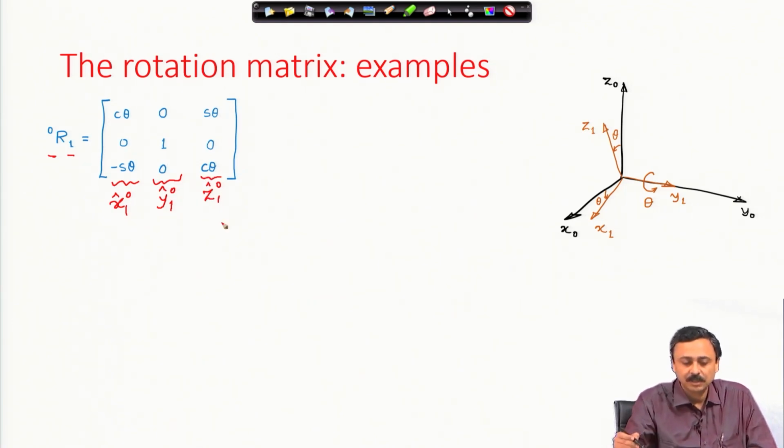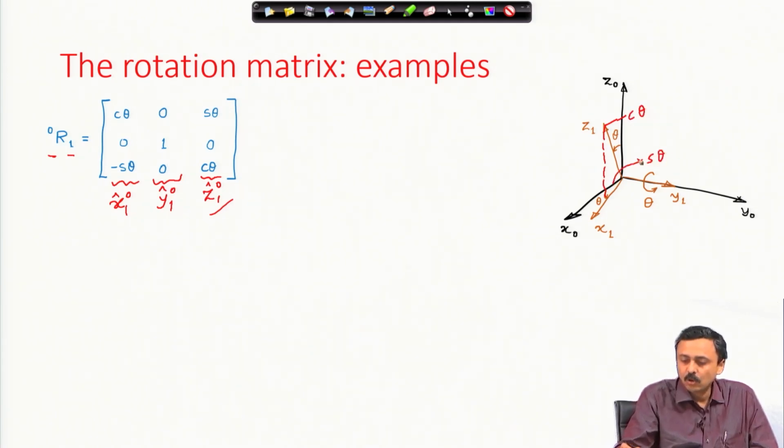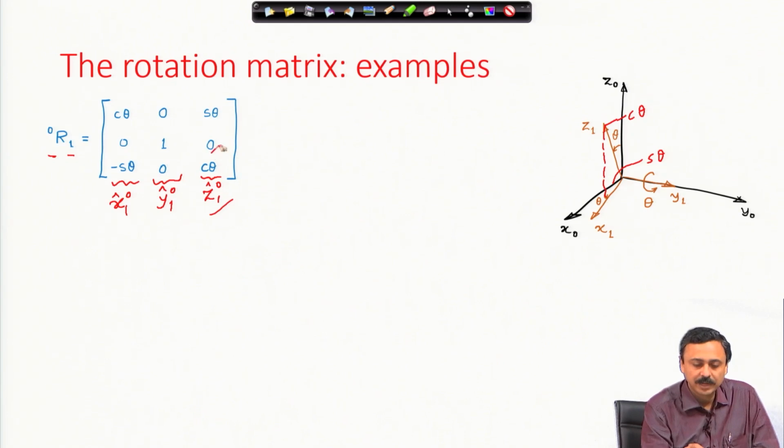For example, z 1, the last column, what is its representation? This is nothing but cos theta, and this is sin theta, and there is no component along y, therefore, that is 0, along x it is sin theta, along z it is cos theta.